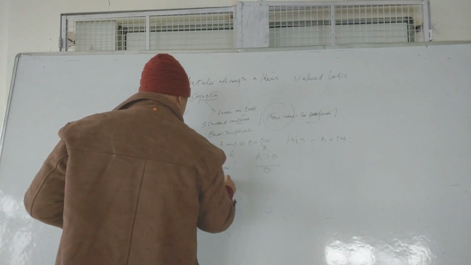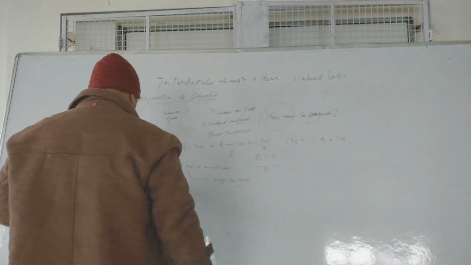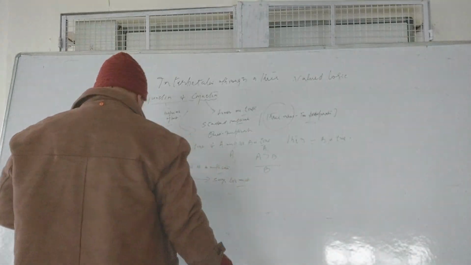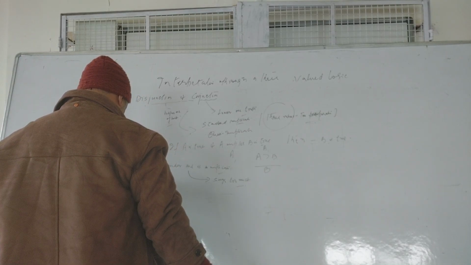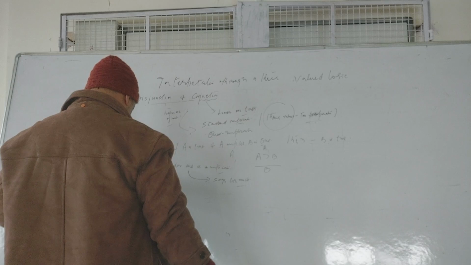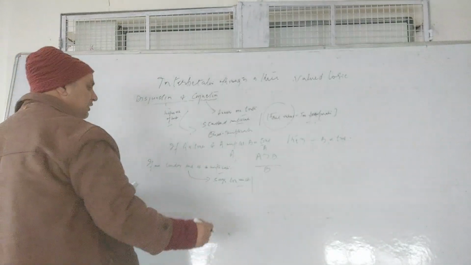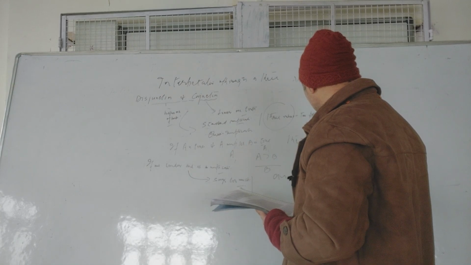If the second line of the inference holds, the first line can be dropped in that sense. For example, A implies A always holds true.